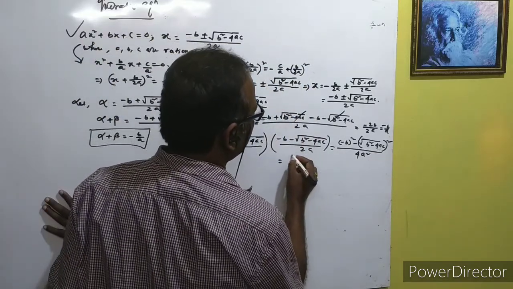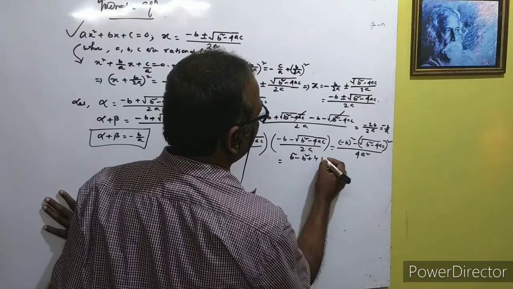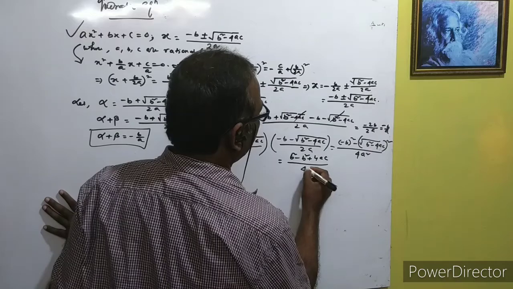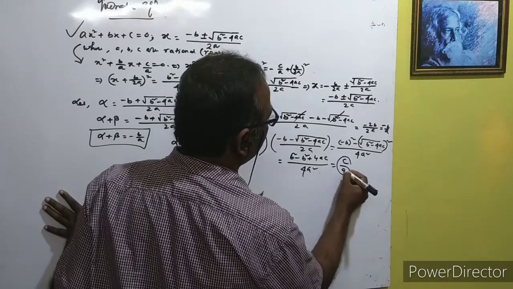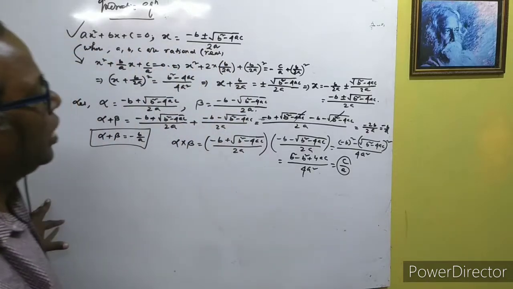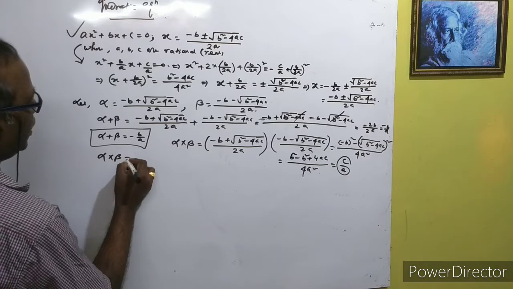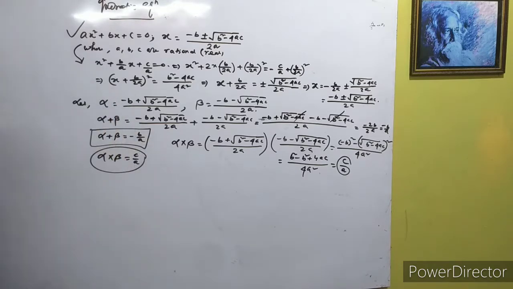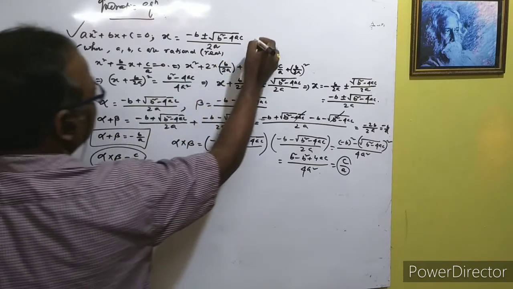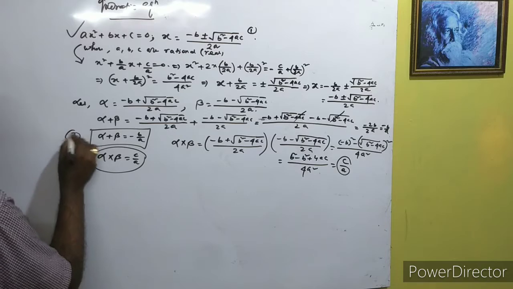So you get the answer here, (b² - b² + 4ac) / 4a². Okay, then c by a. See carefully. As a formula, we need to learn this point, c by a. Okay, see again, number one formula is this. Need to learn it, and also 2 and also 3.